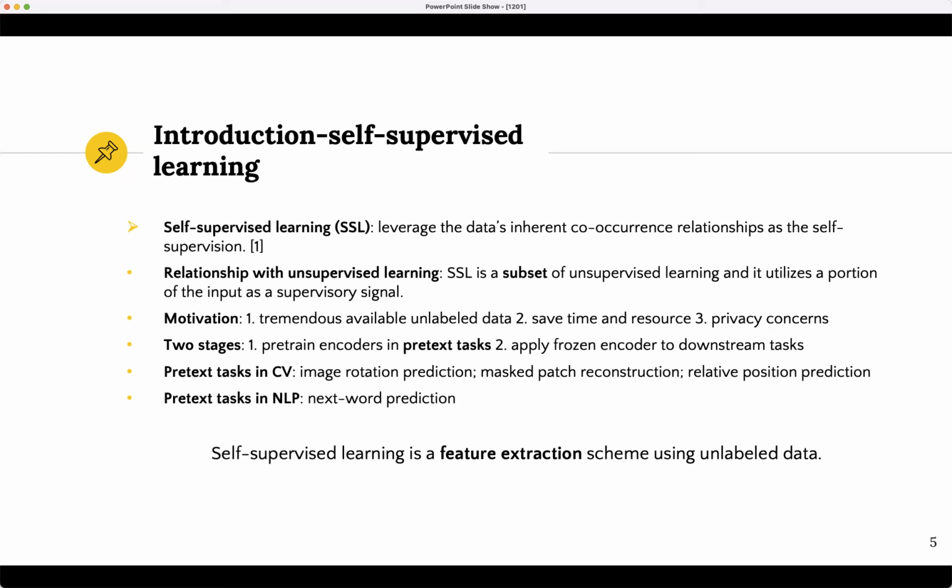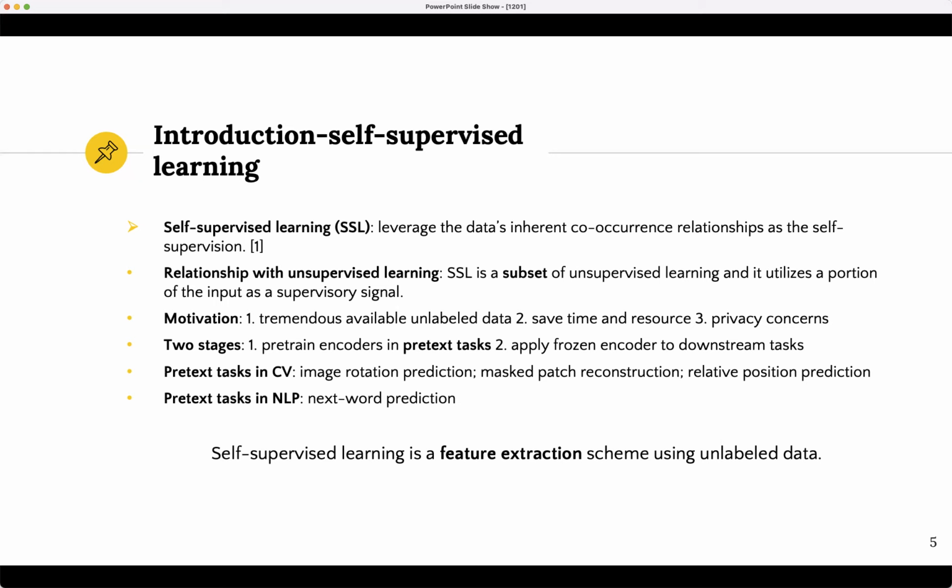And the third comes from this task, human activity recognition. Most times, the data are generated from personal devices like wearable devices, and so it also involves privacy concerns.